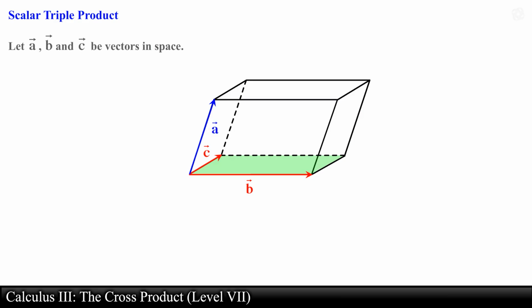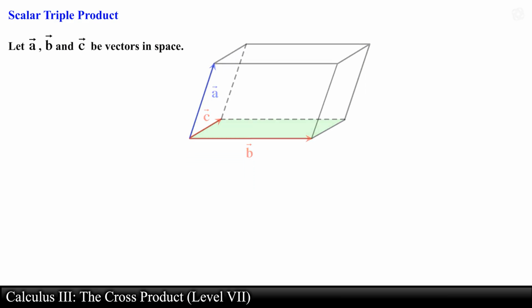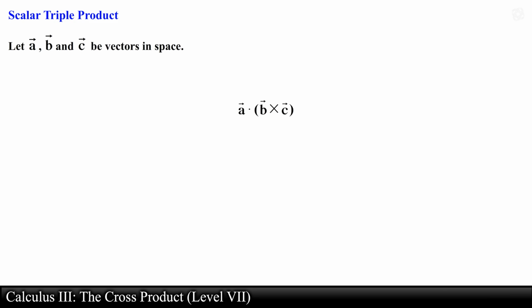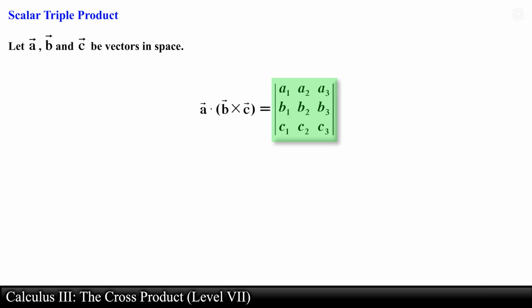If vector A, vector B, and vector C are an arc cubed, then vector A dotted with the cross product of vector B and vector C is called the scalar triple product, or triple scalar product. The scalar triple product can be written in determinant form by using the components of the vectors as follows.